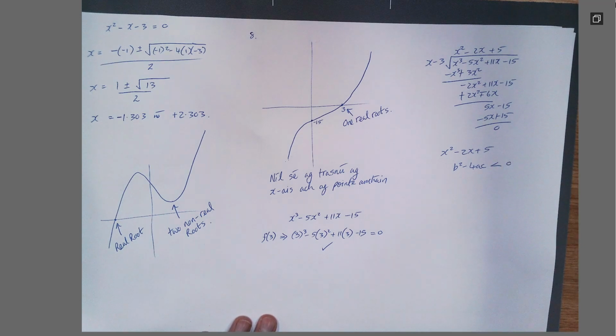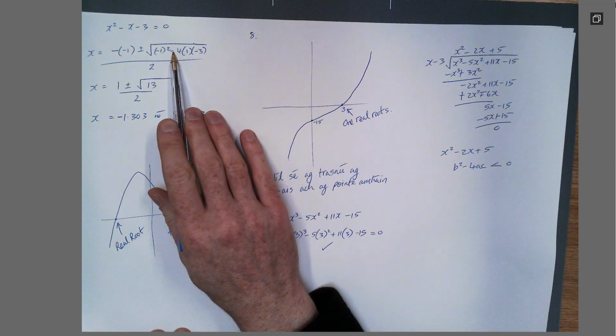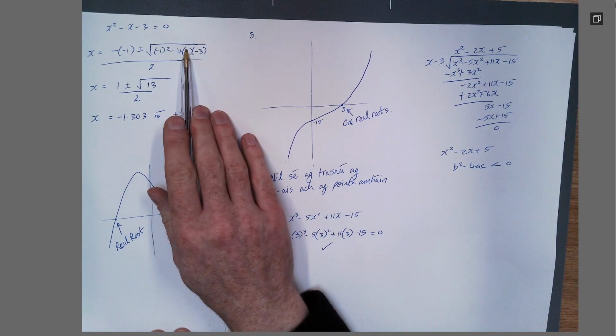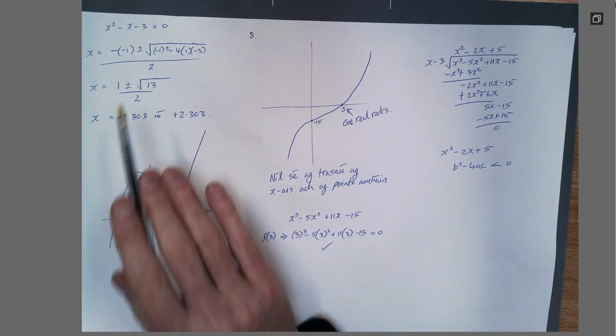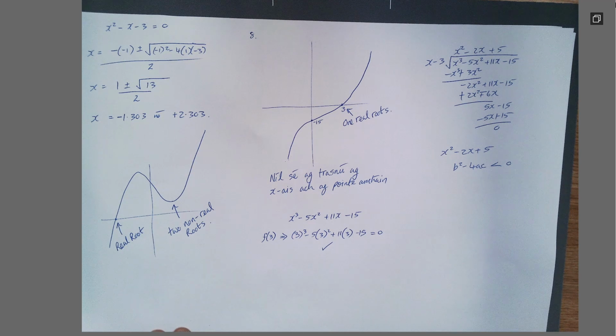If we want to prove a quadratic has non-real roots, then b squared minus 4ac will always be less than 0. Hence we get the square root of a negative number in the quadratic formula, which the calculator gives a math error for, because it doesn't exist; it's non-real.